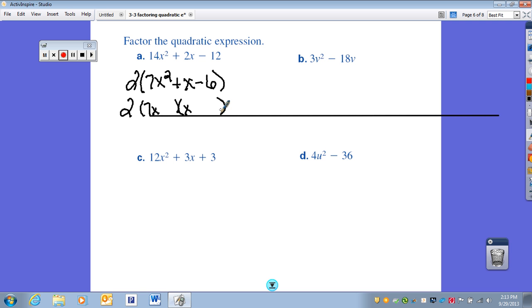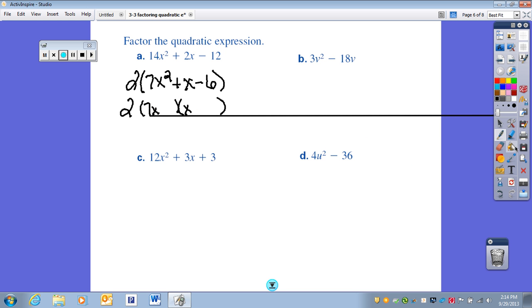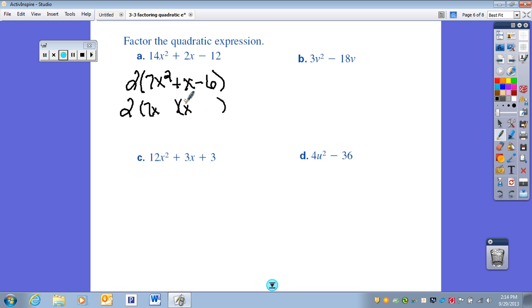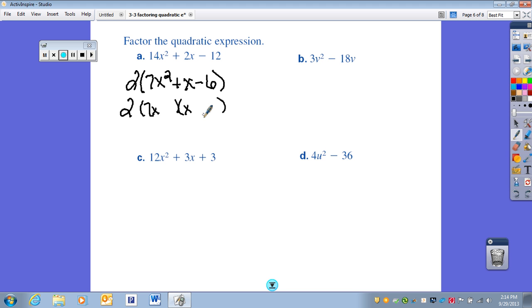Well, if I use a 3 or a 2, and one of those is in the second position, and I'm going to multiply either one of those times 7, that's going to give me a rather large number, and I do know that my middle term needs to be a positive 1. So that really isn't going to work out. And we need to be able to think ahead and to look at this ahead of time so that we don't need to make too many changes.